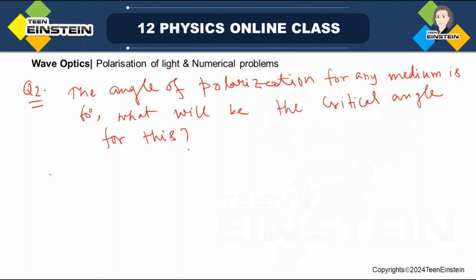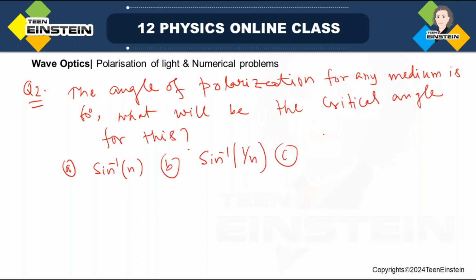The options are: option A, sine inverse n; option B, sine inverse 1 by n; option C, tan inverse 1 by n; and option D, tan inverse n.